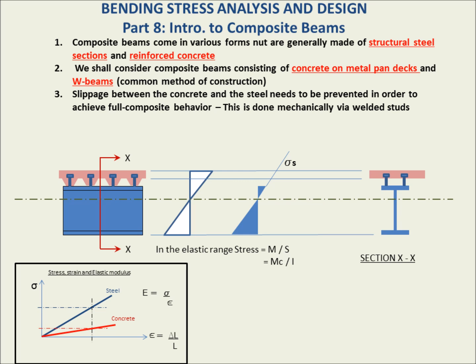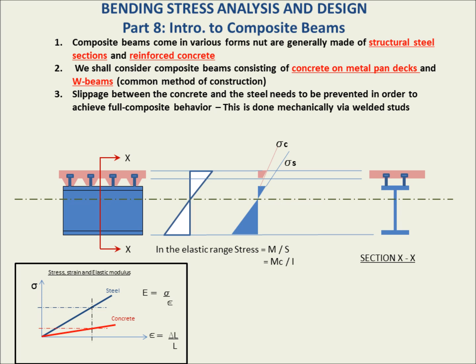However, it is not homogeneous, and concrete, being less stiff, will have a different stress response to the strain that has been introduced. It will have less stress, right? Because it is less stiff, okay? So it'll have a stress curve that looks like this.